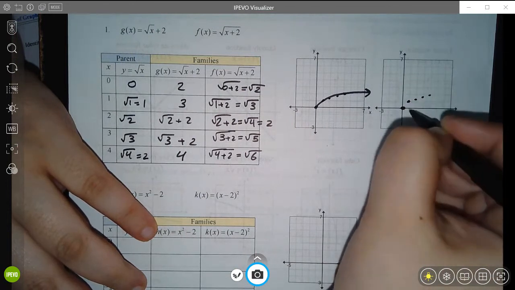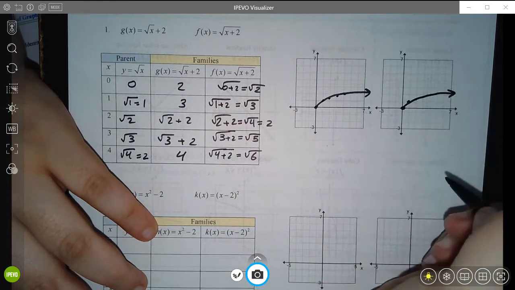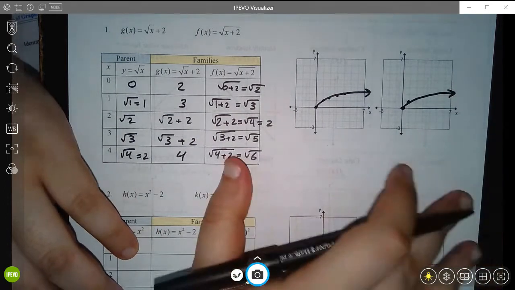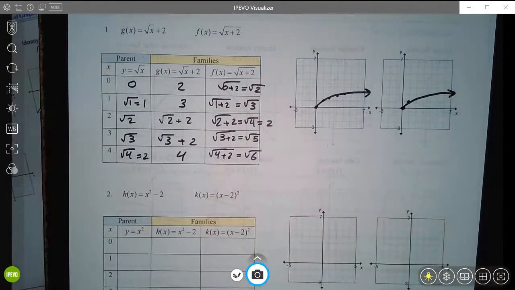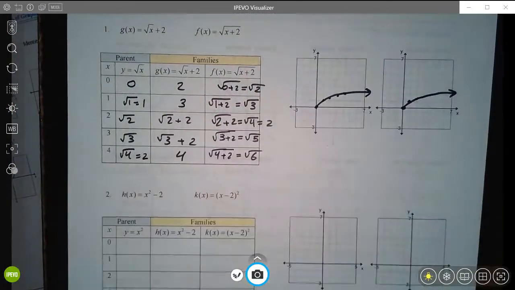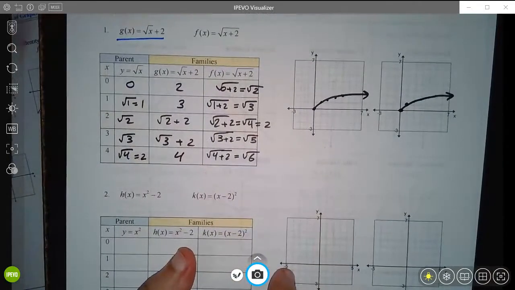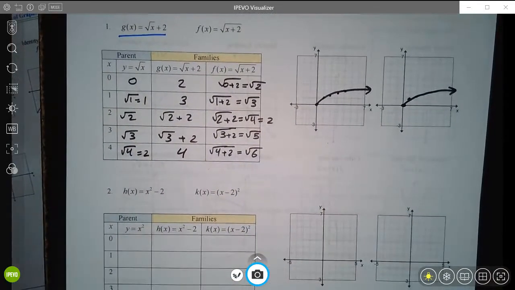Like that. And do the same. Okay? So that's my original function. Yes? I'm going to do this one in blue. The addition outside the function, so we're going to shift it vertically.